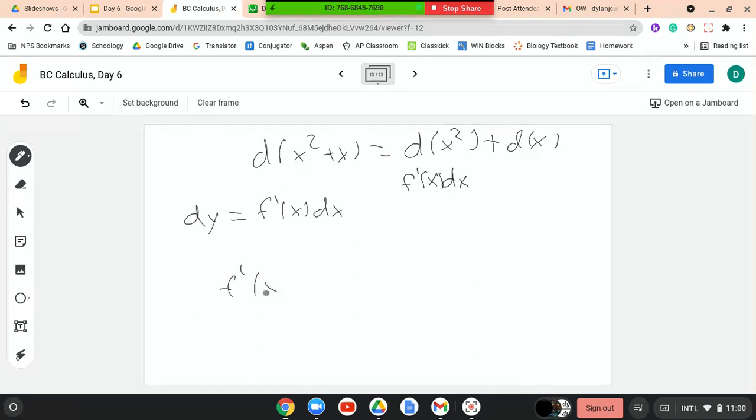And I'll write here, let's say that f prime of x is for when f of x is x squared, and g prime of x is for when g of x is equal to x. So if f prime of x is the derivative of x squared, then the tiny change to x squared, which is the same thing as saying dy, is the derivative of x squared, f prime of x, times dx from the equation we had on the last slide. Does that make sense? Yeah, I think so. Cool.